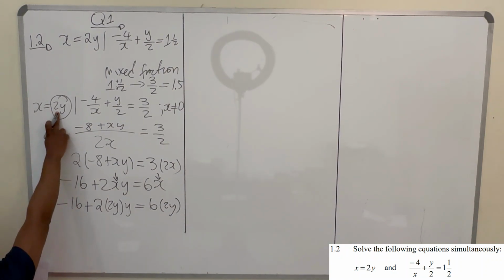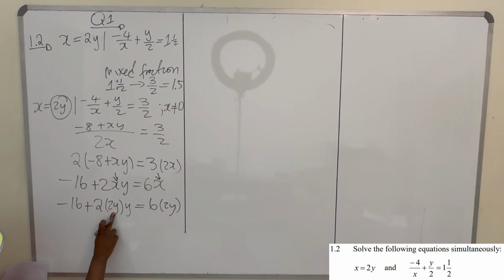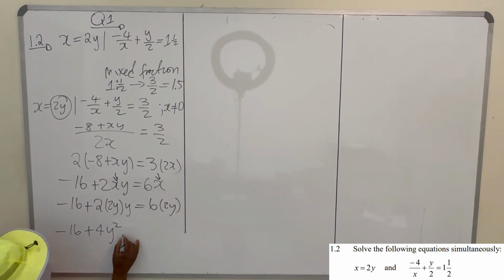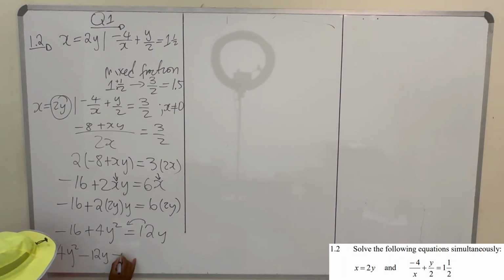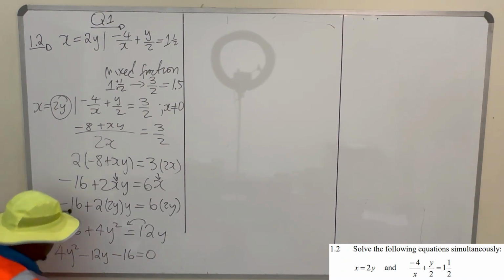Because we just substituted x there and there. So what we have is minus 16 plus 4y squared is equal to 12y. Then transpose this to the side. So we have 4y squared minus 12y minus 16 is equal to 0.